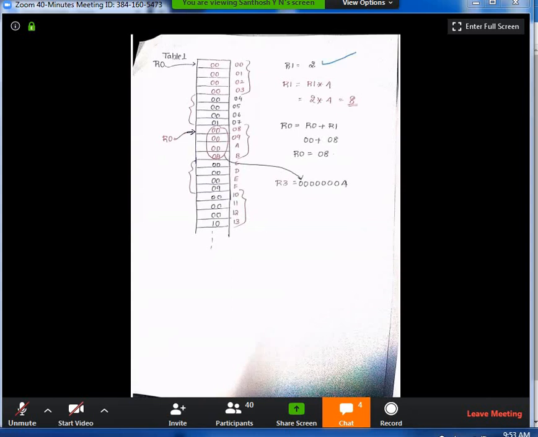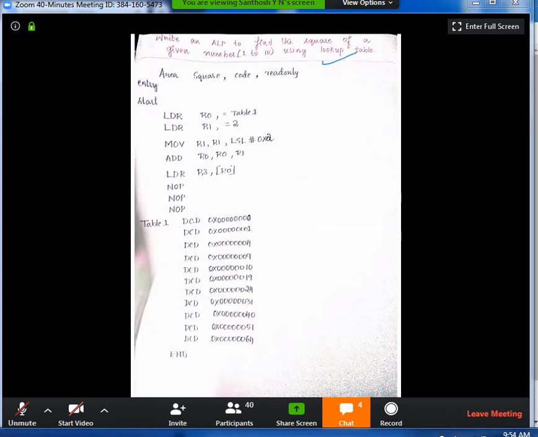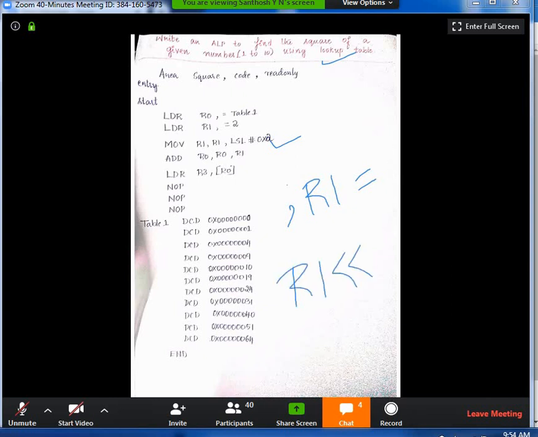Okay, what you are doing now is performing a logical left shift for 2 times. Can you see this instruction? So what is the comment I can write for this? R1 is equal to R1 left shifted 2 times, right?